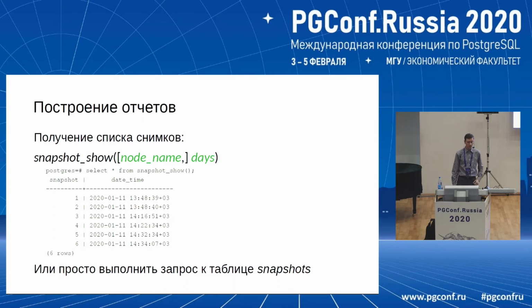Then, creation of reports. First of all, we would like to understand which snapshots we have, and of course it leaves much to be desired, in that it's the Oracle approach working here. It takes the identifiers of the same snapshots.